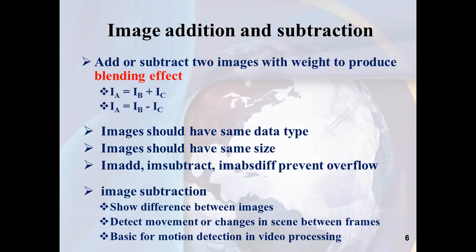So why do we use image subtraction? Image addition gives a blending effect, and we can see the two images together in the same resultant image. What is the purpose of differentiating two images? In fact, image subtraction shows the difference between images.